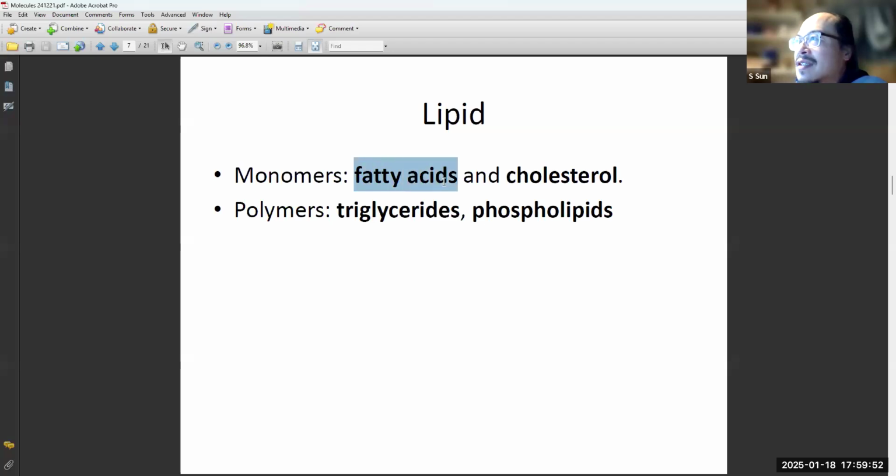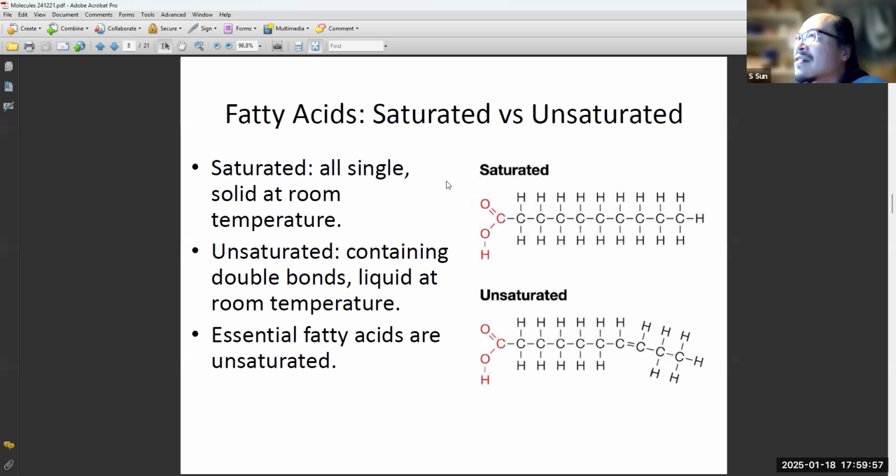You can have a single fatty acid like this one here. You can see that you have the head and also a carbon chain, and so that's a fatty acid. You can have a single fatty acid, or if we put them together, you can have two fatty acids, or you can put three together to have three fatty acids.